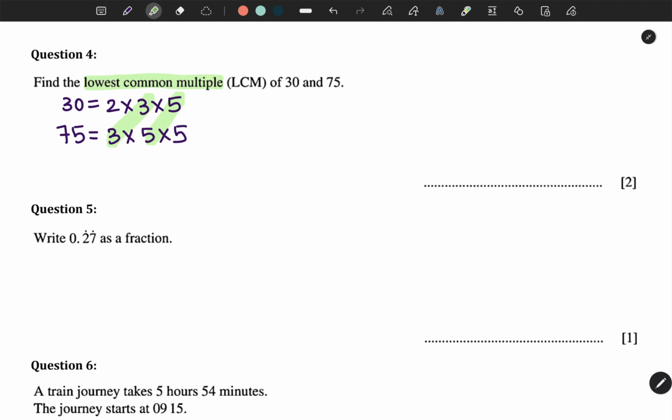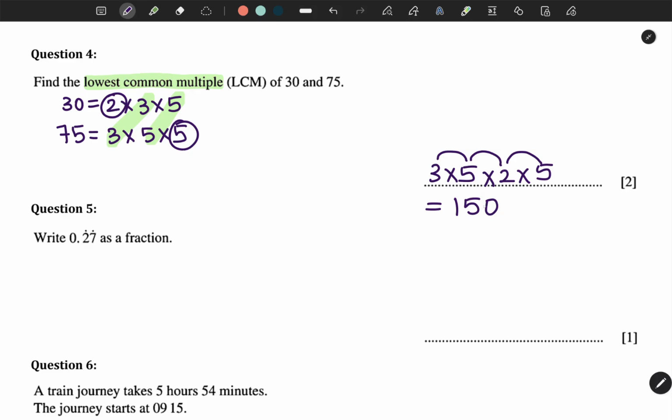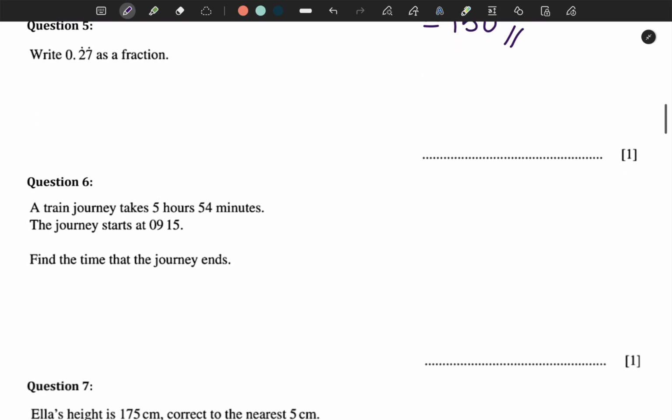First, write down the common ones, that's 3 times 5. After writing the common elements, we also have to write the uncommon elements, and multiplying all of them gives us 3 times 5 times 2 times 5, which is 150 as the least common multiple of 30 and 75.